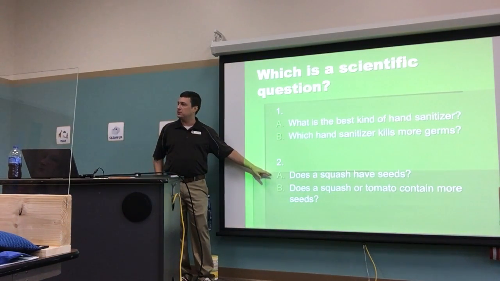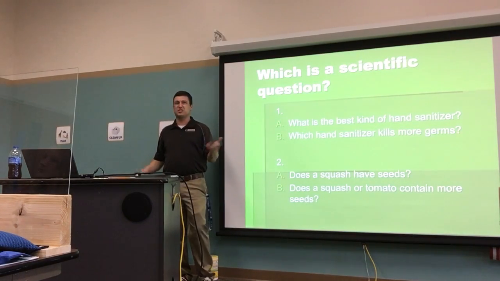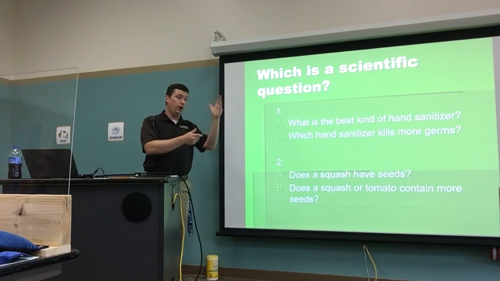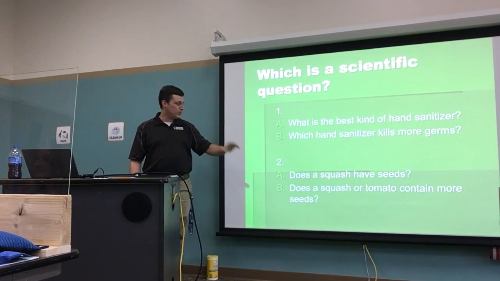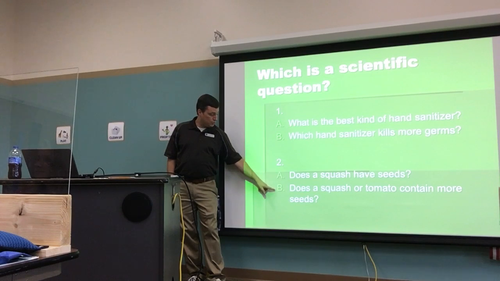Now then, 2A isn't a bad question actually. Does a squash have seeds? But it's just a simple yes or no answer, isn't it? I mean, all you have to do is cut it open and see. Oh, it has seeds. You can test that. But 2B is much more specific, isn't it?